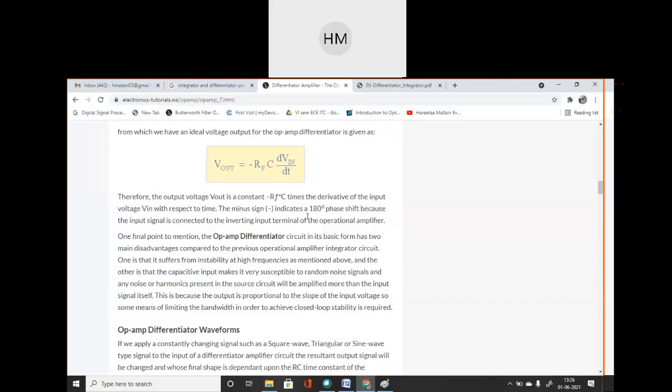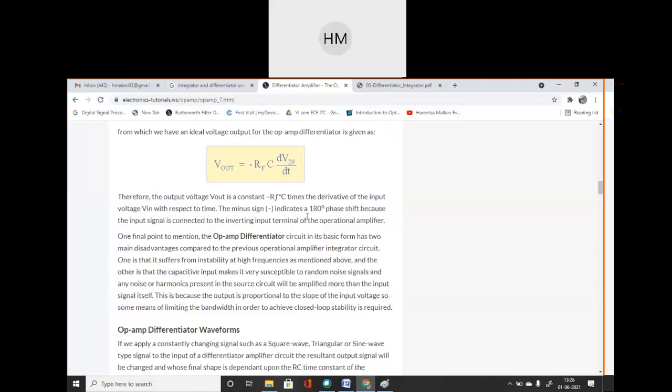Okay. See student, if we say that differentiation of sine is cosine, so here what I will get is minus cosine. Okay, because whatever derivative we are taking, it should be multiplied by minus sign. Clear?